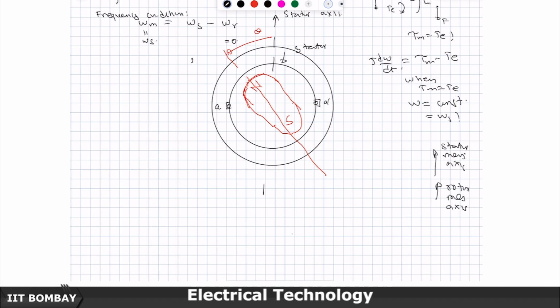So the rotor magnetic axis makes an angle of theta with respect to the stator magnetic axis.